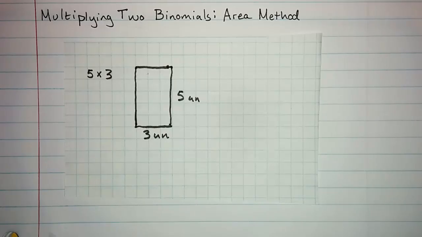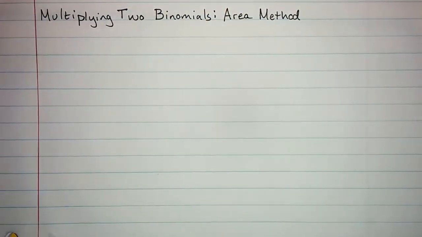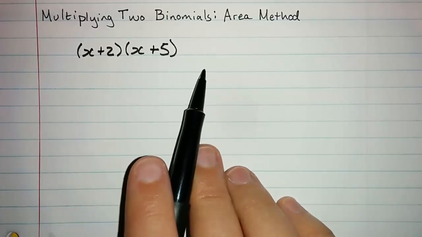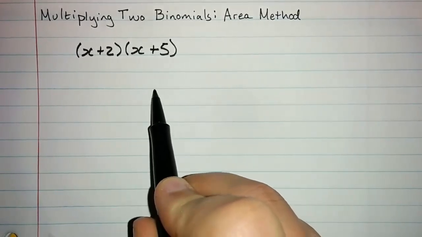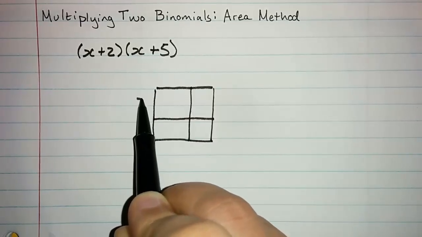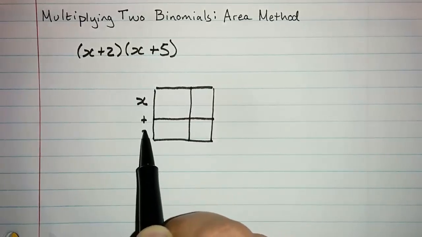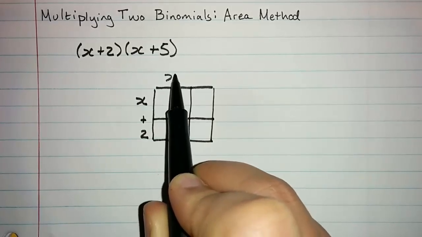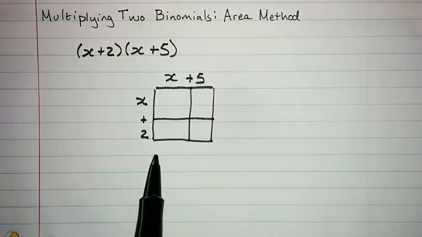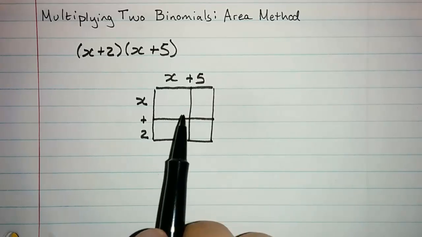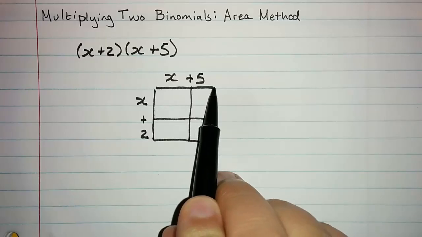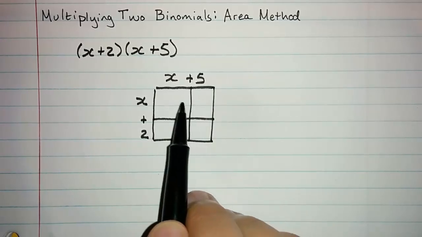In a very similar way, we can understand the multiplication x plus 2 times x plus 5 to be the area of a rectangle whose height is x plus 2 and whose width is x plus 5. But notice how I've divided this up into smaller rectangles.